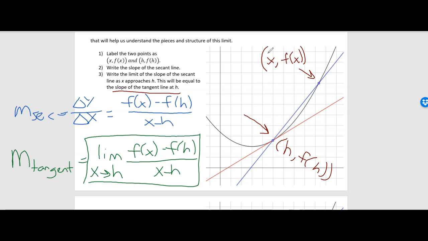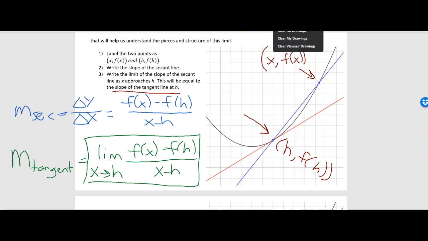The thing that I boxed in green is a form of a derivative, right? So that's an equation we can use to find derivatives. And again, this word derivative is just the slope of the tangent line at any given point on the function.